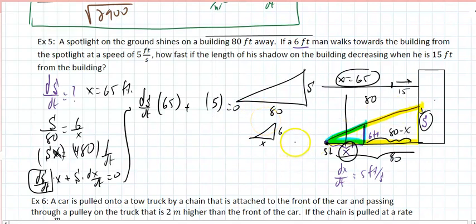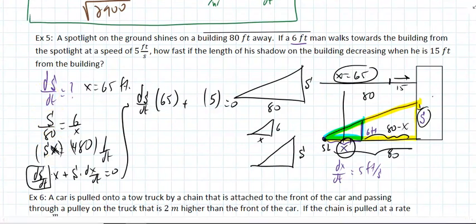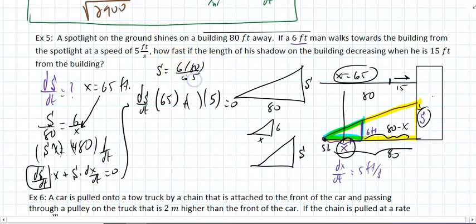Well, what is s? If x equals 65, then s would be 6 times 80 divided by 65.